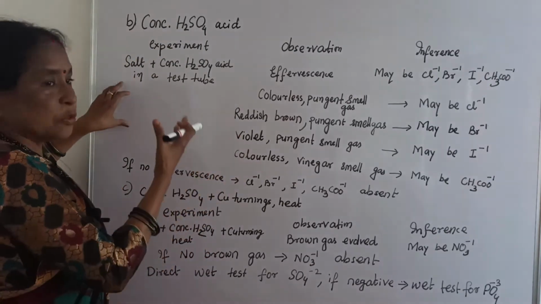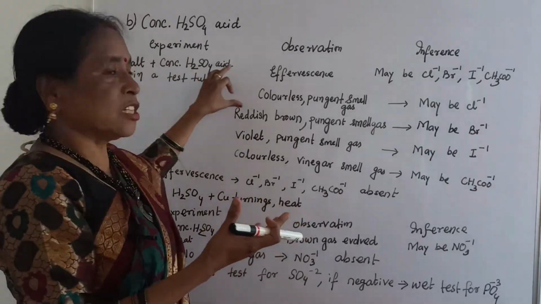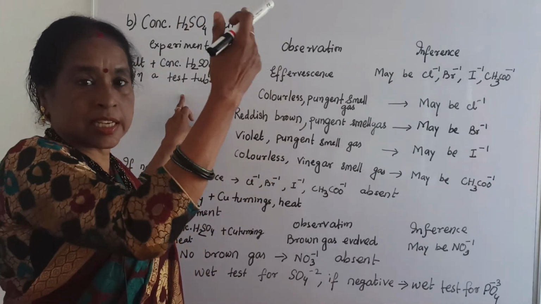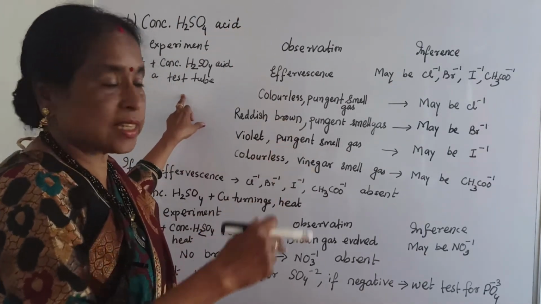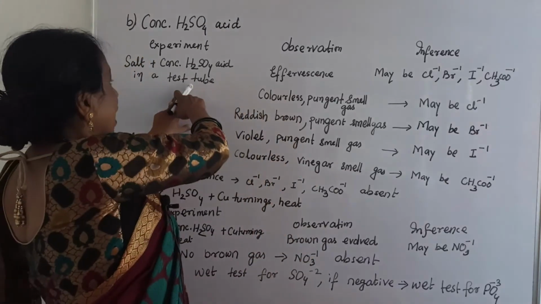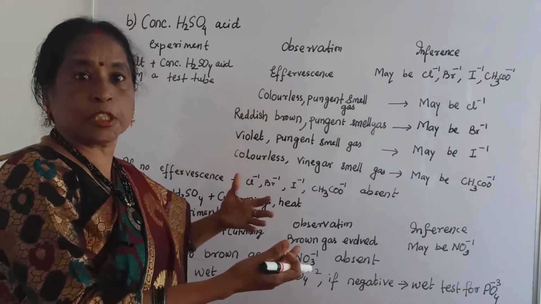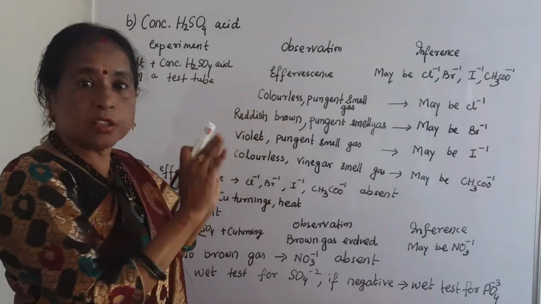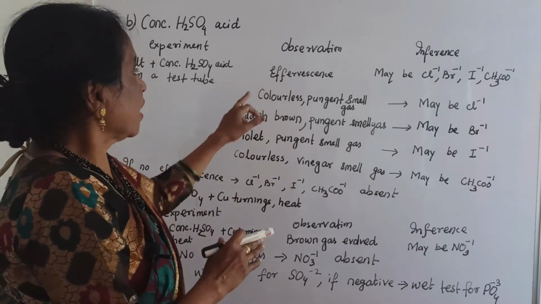What to do? You take salt and add concentrated sulfuric acid in a test tube. First you add dilute sulfuric acid, and if there is no reaction, no effervescence, you add concentrated sulfuric acid. Take a new test tube, take salt and add concentrated sulfuric acid. Then what happens?